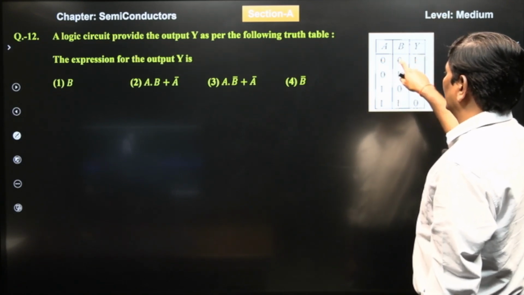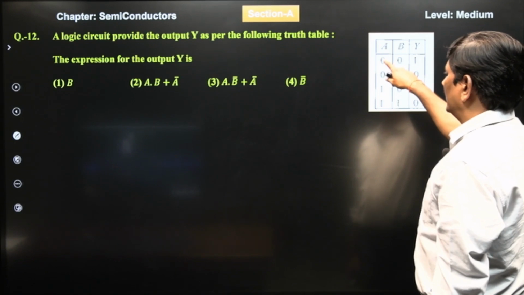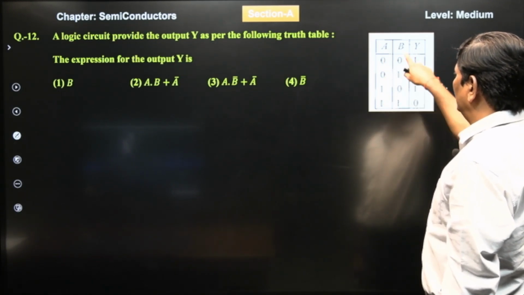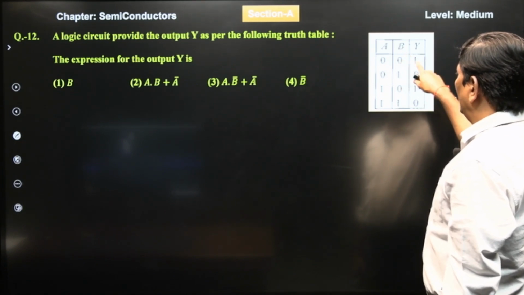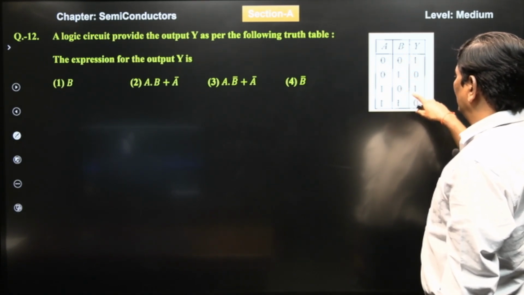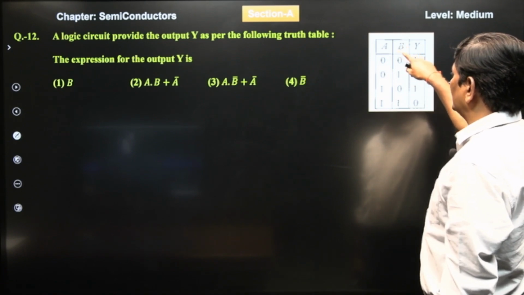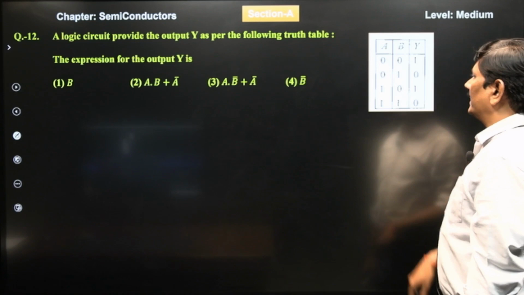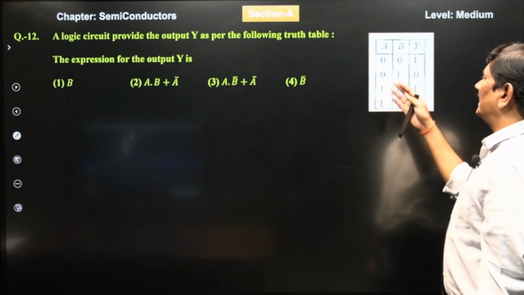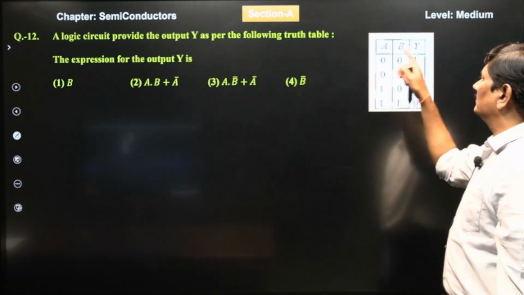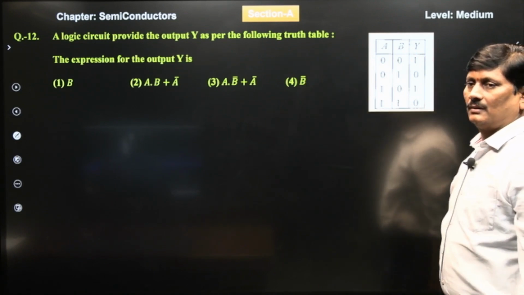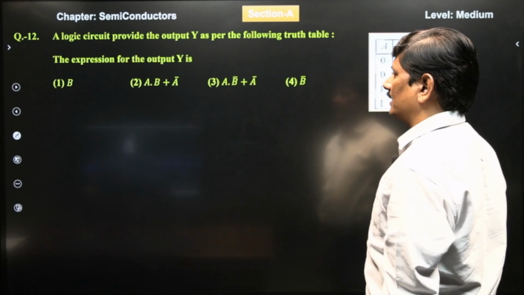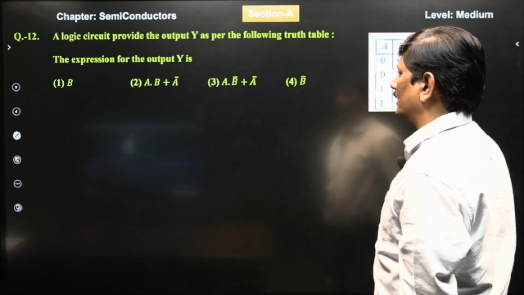See, A, B are the given inputs. For A, values are like this. For B, values are like this. Now see, 0, 1, 1, 0, 0, 1, 1, 0. That means the inversion of B is nothing but Y. So just by looking at the table, we can identify that Y is the inversion of B. Okay, inversion of B, B bar is given, right?